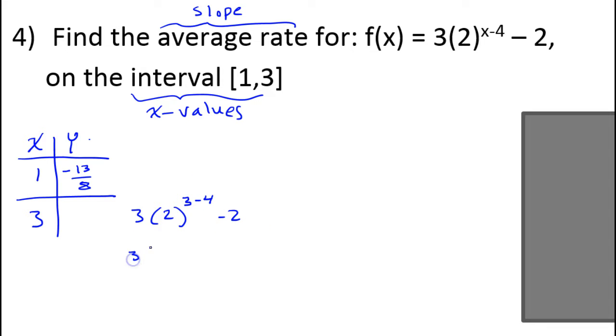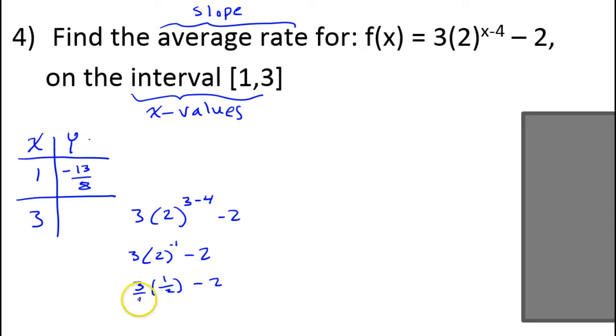So that'll be 3 times 2 to the negative 1 power. Alright, 3 minus 4 is negative 1, of course. 2 to the negative 1 power is 1 over 2. That's what you do when you have a negative exponent. You drop it to the denominator. So that means I have 3 times 1/2 minus 2.